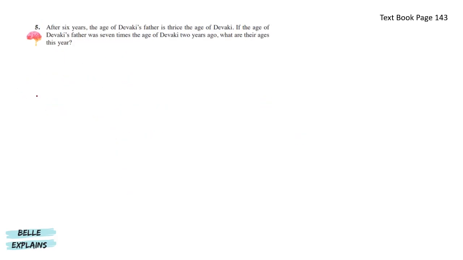Next, after 6 years, the age of Devaki's father is thrice the age of Devaki. Okay, since it is in 6 years' time, we have to add 6 to both of their ages. Here we have father plus 6 equals 3 times Devaki plus 6. And this will be equation 1.